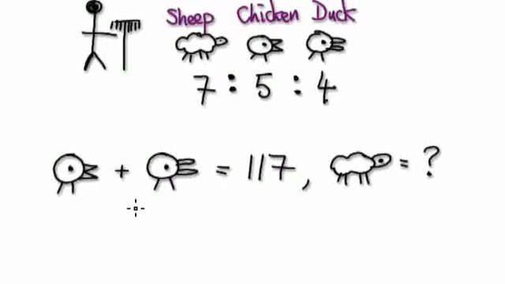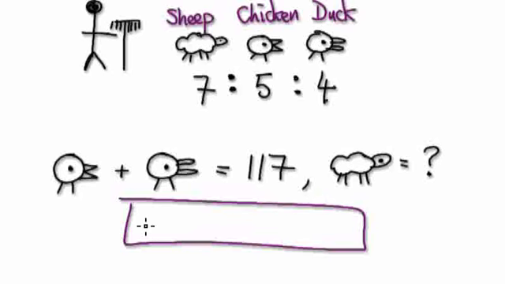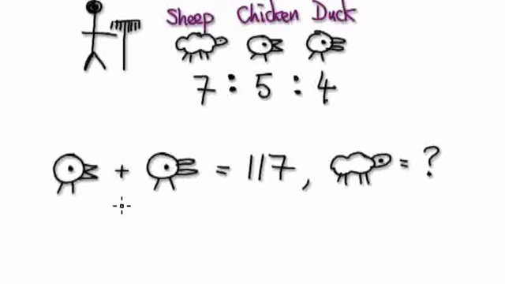Okay, so now I'm just going to let X represent our whole population, if you like. So X represents the whole population. I could say, when I get X, cut it up into 16 equal parts, and then times by 5, that will give me the number of chickens.